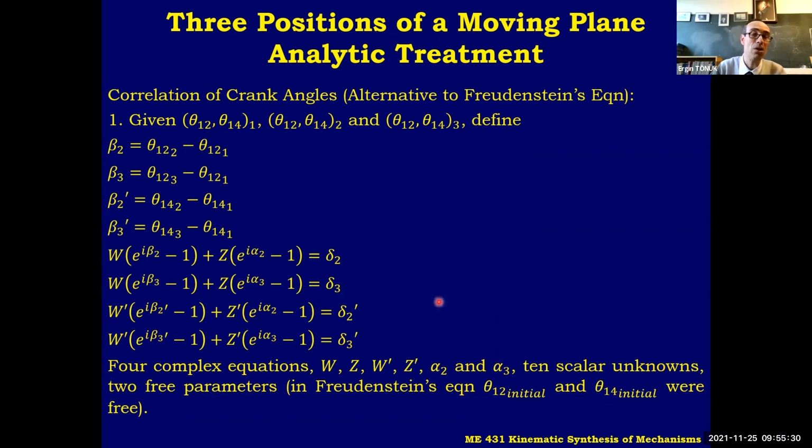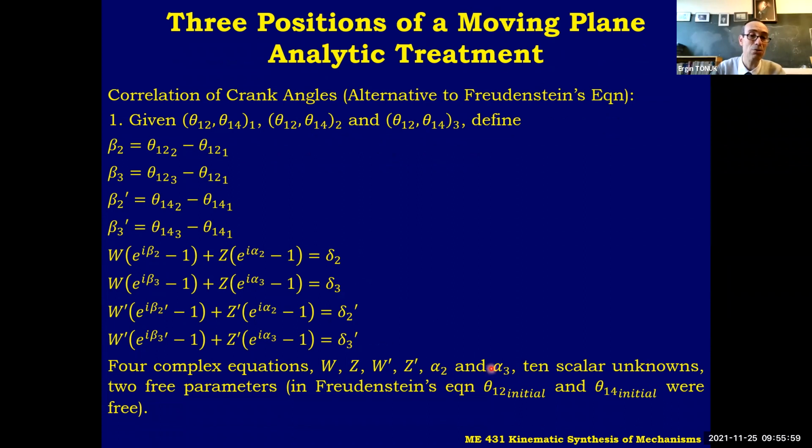So you can use the dyad equation to correlate crank angles as well. But as you see, the equations are quite cumbersome compared to Freudenstein's equations, okay? Rather than solving 3 real equations for 3 real unknowns, you're going to solve equivalent to 8 real equations.